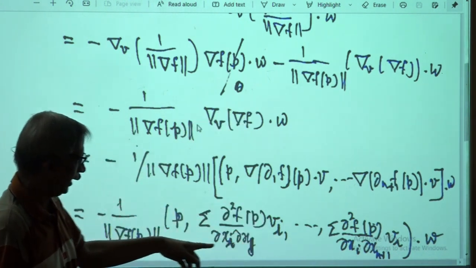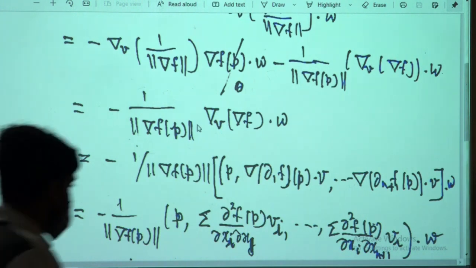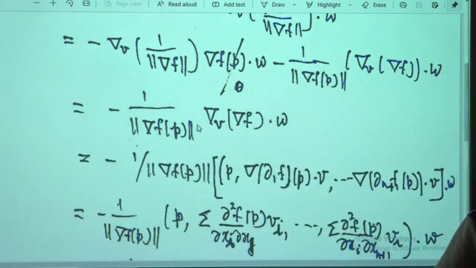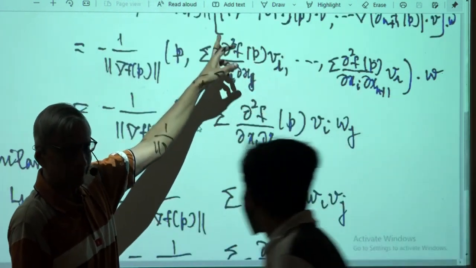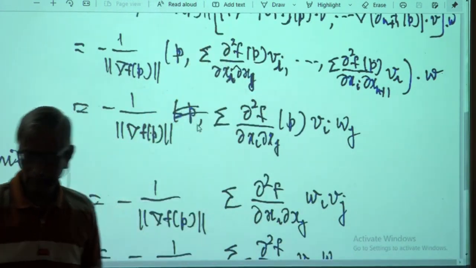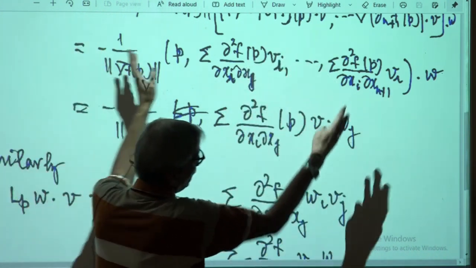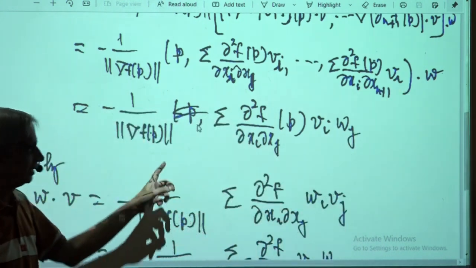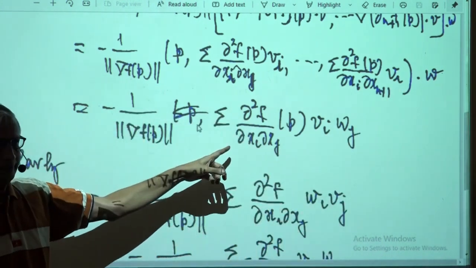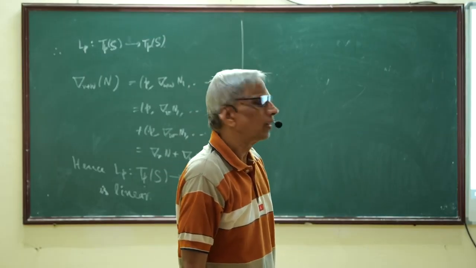you will end up with something of this kind. The second partial derivatives, right? When you differentiate it once, you will get the first partial derivative there. When you apply the dot product there, and then you have to take the dot product of the whole thing with W, and then you will get one more partial derivative like this.